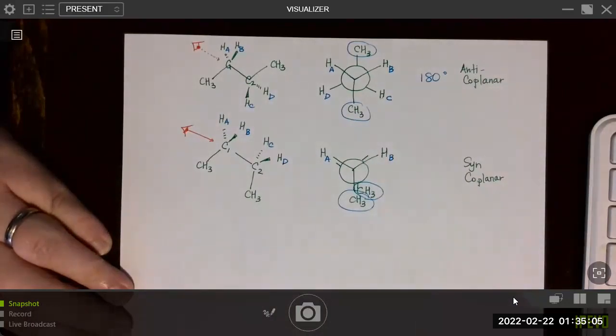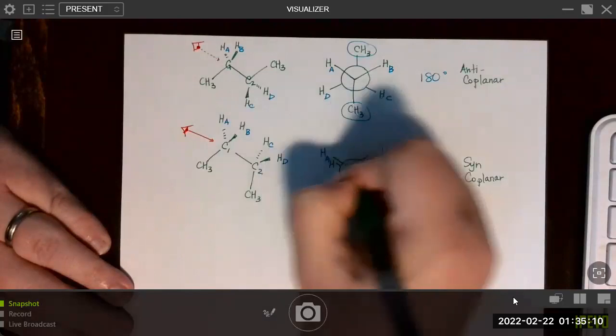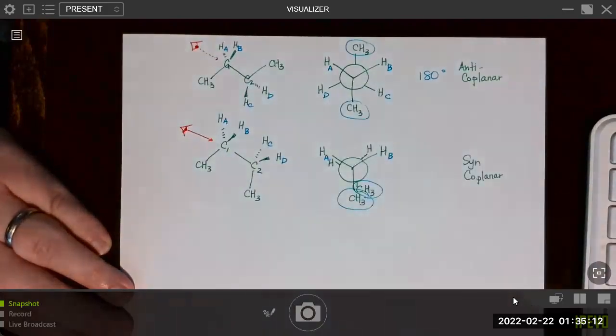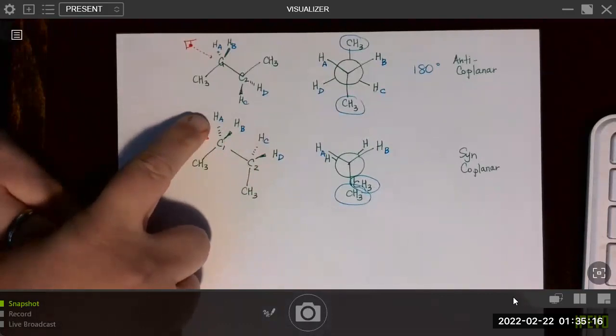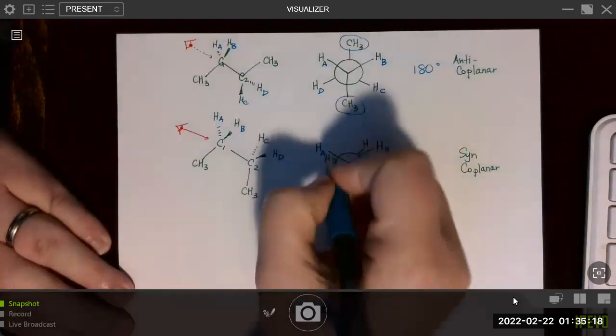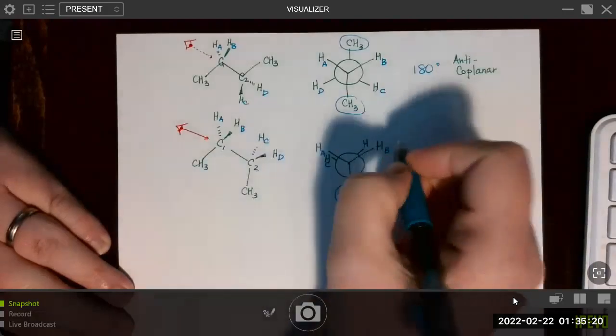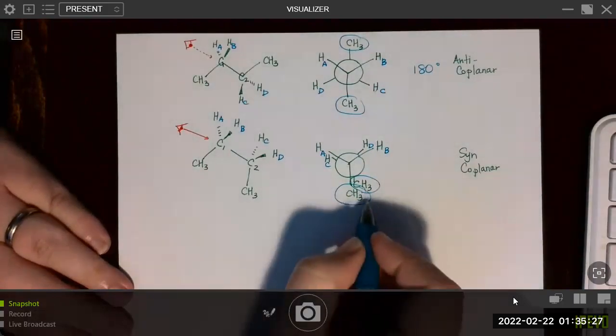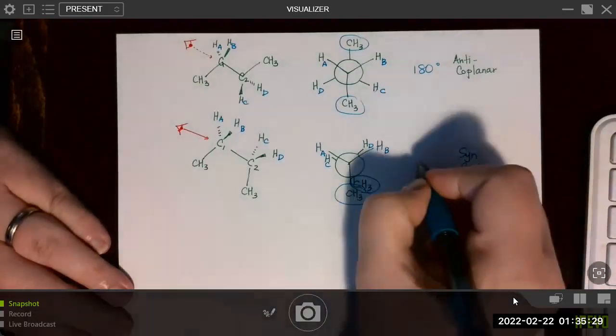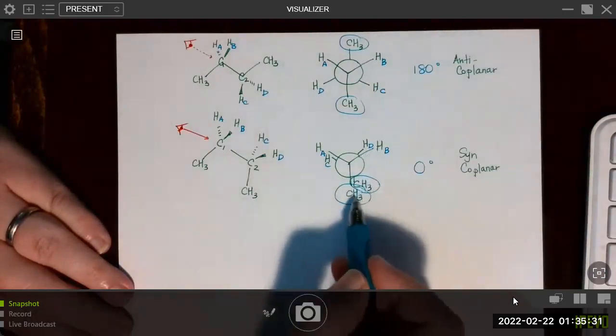And then the hydrogens are here as well. Behind, you can see that HC is entirely eclipsed by HA, and HD is eclipsed by HB. So this would be the 0 degrees apart for those two methyl groups.